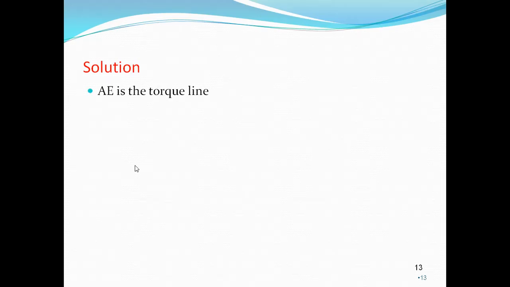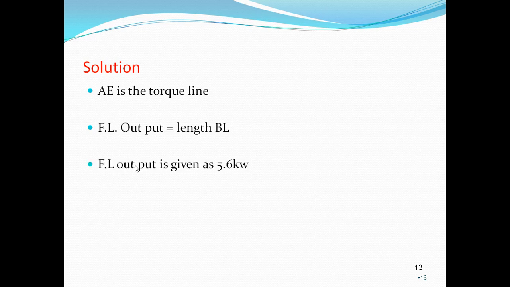So to get the torque line AE, what we have to do is this: what is the full load output? That is BL. So the BL is 5.6 kilowatts.